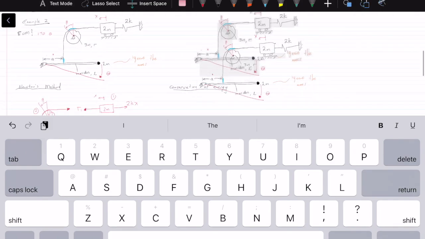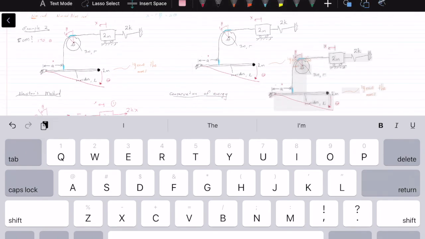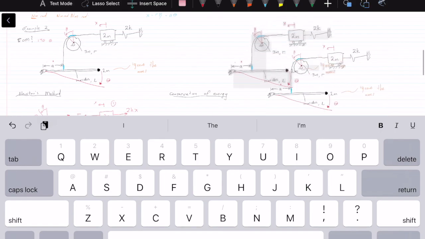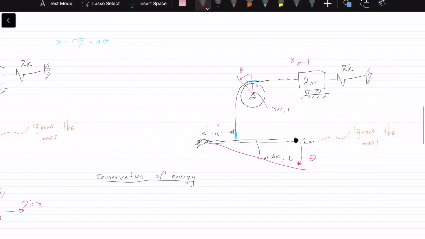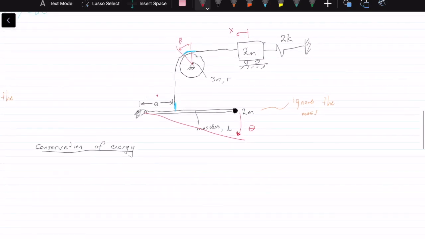Okay, cool stuff. Let's put it somewhere here. Okay, great stuff. Now we've got another diagram to look at, so we can work off of that diagram.